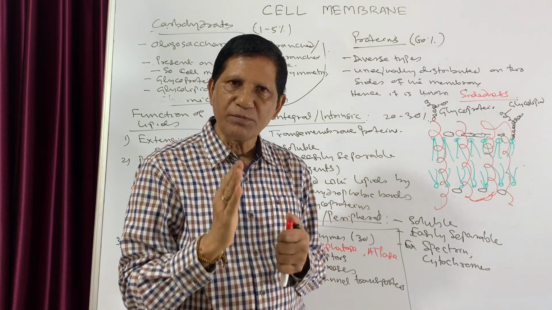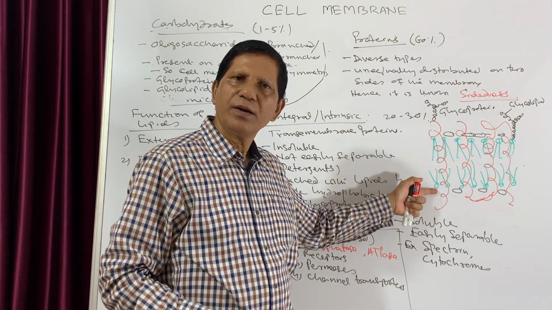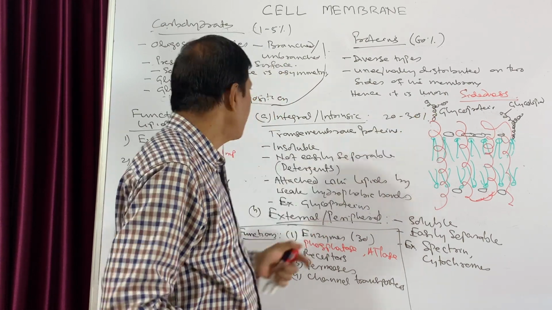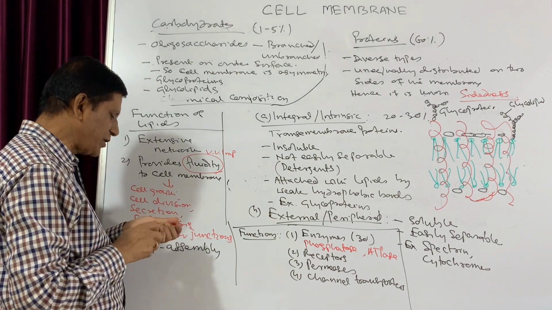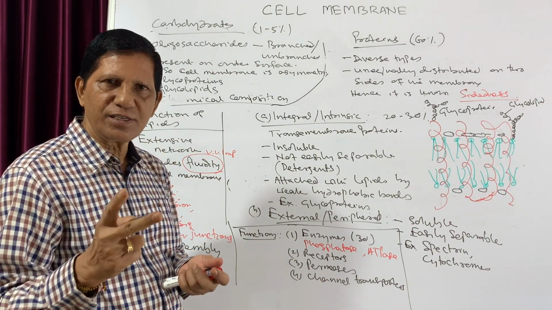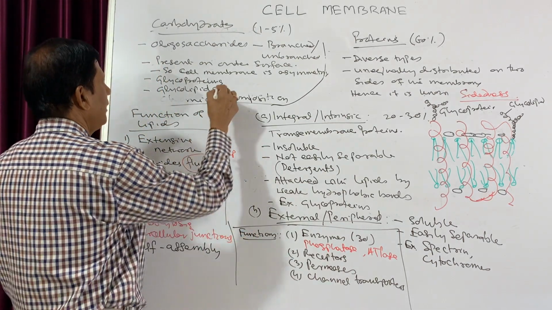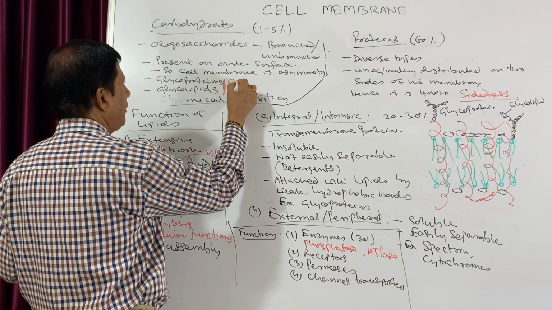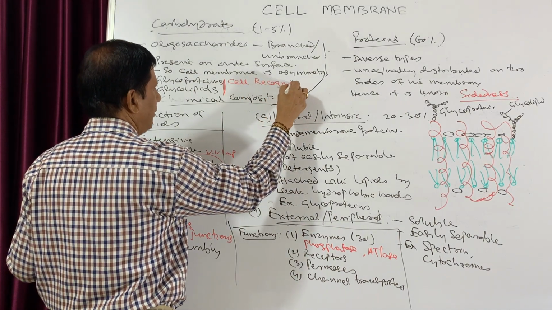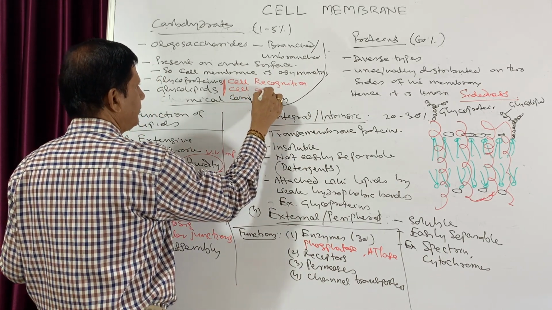Now, because of this, it gives an asymmetric nature to the cell membrane. And why are they present on the outer side? Because the glycoproteins and glycolipids have two very important functions: cell recognition and cell adhesion.